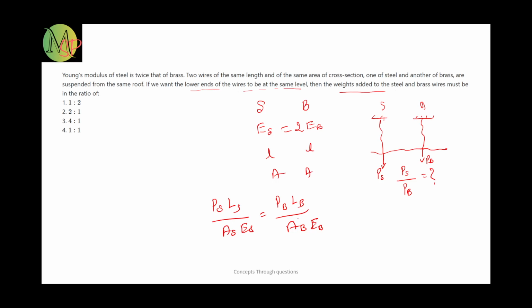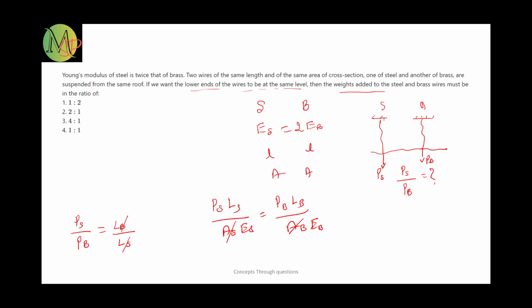So Young's modulus ES is equal to 2EB. A gets cancelled because these are equal. PS by PB equals LB by LS, and this length is also the same, so this also gets cancelled.